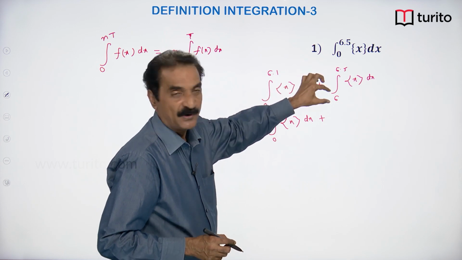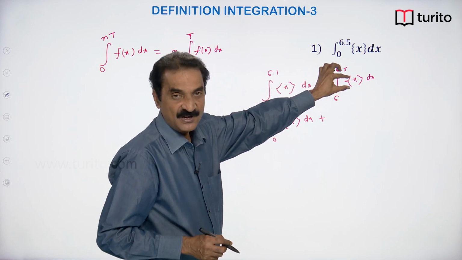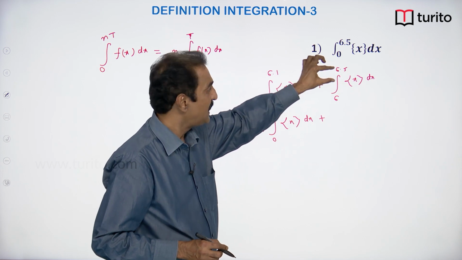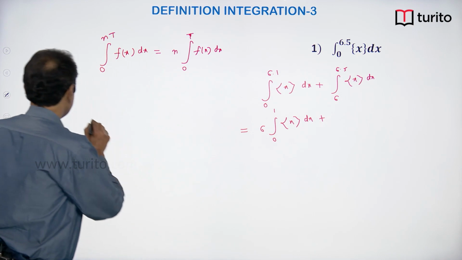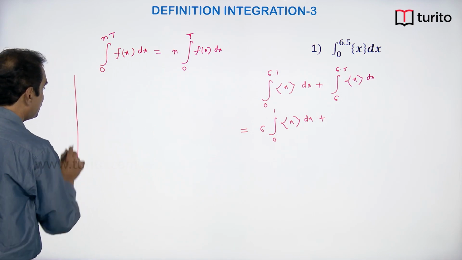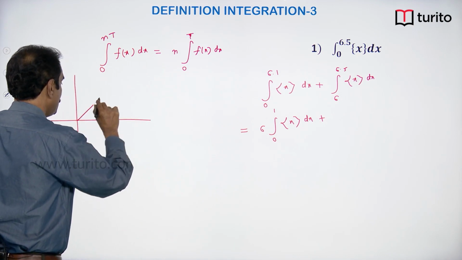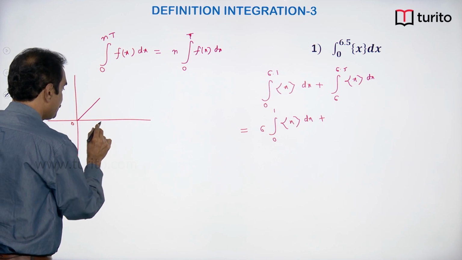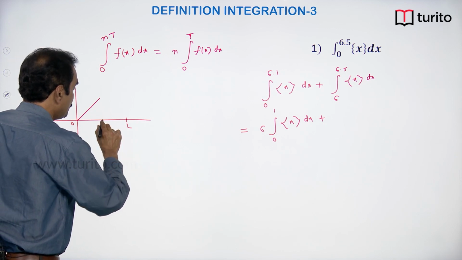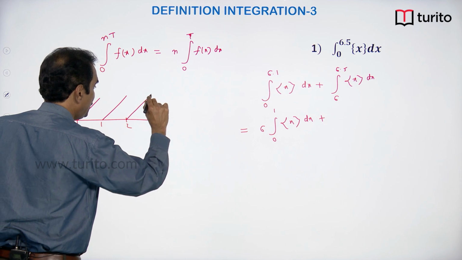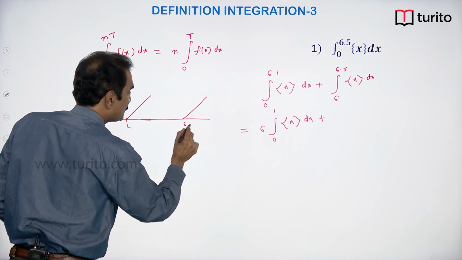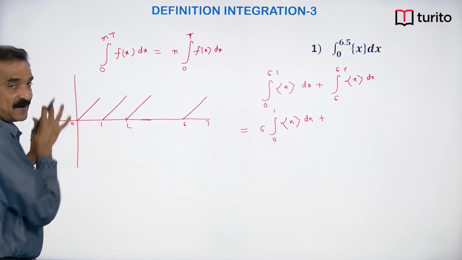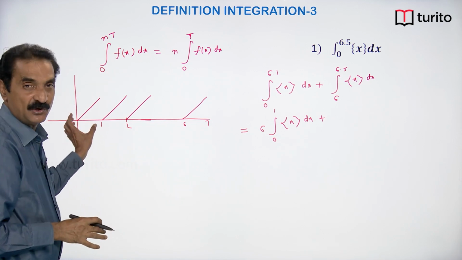And here between 6 and 6.5, the fractional part of x will be same as between 0 and 0.5, because the graph of fractional part of x will be like this: 0 to 1, 1 to 2, 2 to 3. In this way, 6 to 7 also it is same as the values between 0 and 1.